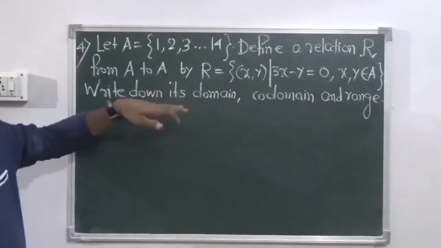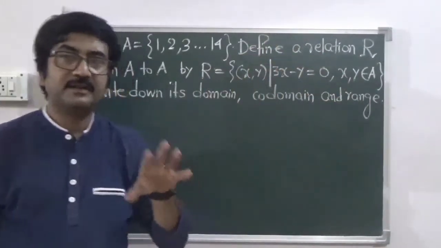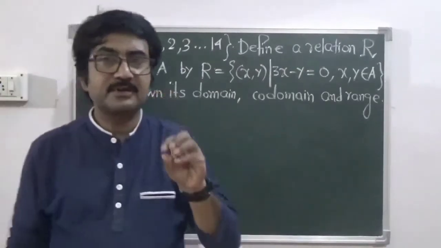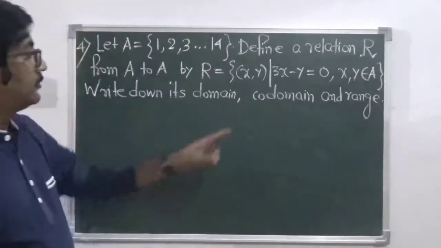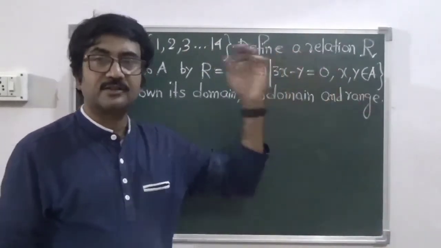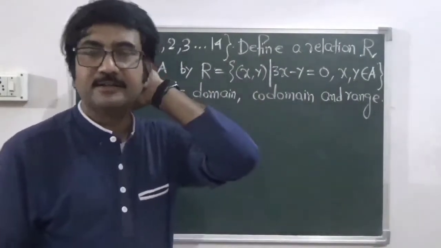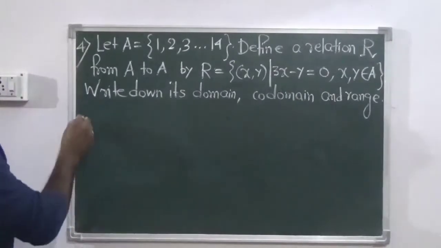You have already come to know what the domain, codomain and range are. Domain is the set of all the first elements in the ordered pairs of the relation. Codomain is the entire second set, and the range is the set of all the second elements in the ordered pairs of the relation.